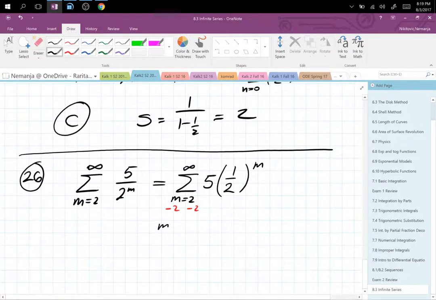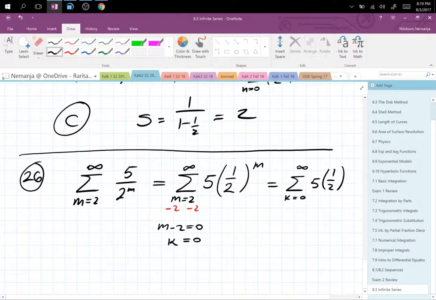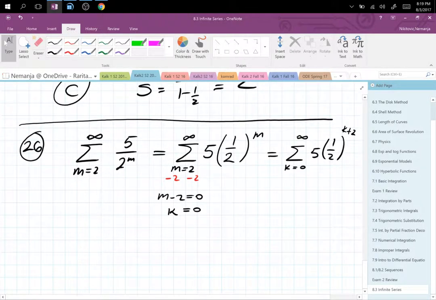I'm going to have m minus 2 equal to 0, and I'm changing this variable m into k. So the next step is summation 5 (1/2), k goes from 0 to infinity, and since m is going to be k plus 2, I need to peel off 1/2 squared, which is 1/4, which gives us 5/4.